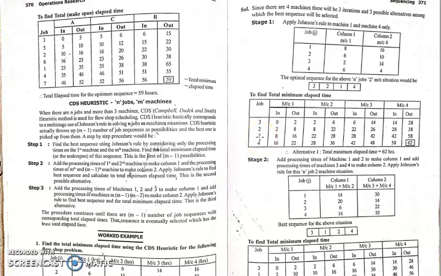Now the same procedure that we used for the n jobs 2 machines and n jobs 3 machines problems, the previous two kinds, you need to use to find the processing time output. For machines 1, 2, 3, 4, for the 4 machines you need to solve the total processing time.